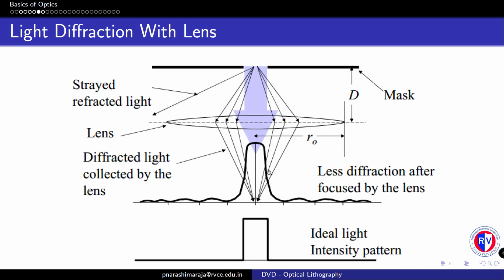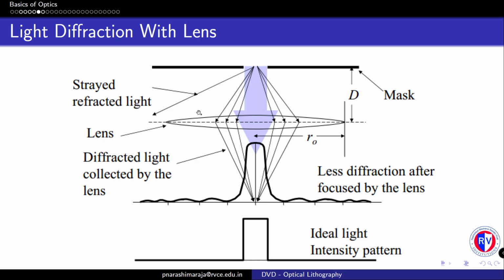A clearer mechanism of what happens between the mask or the aperture and the image plane is shown in this figure. As you can see, when light passes through this slit, it gets diffracted to all the angles, and we use this focusing lens to collect those diffracted lights.